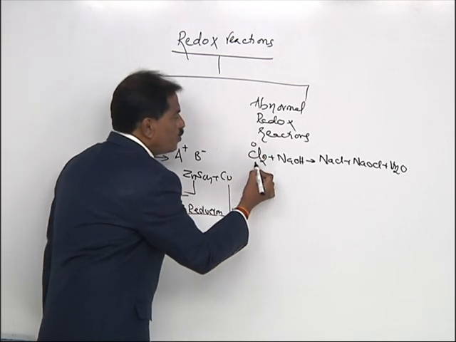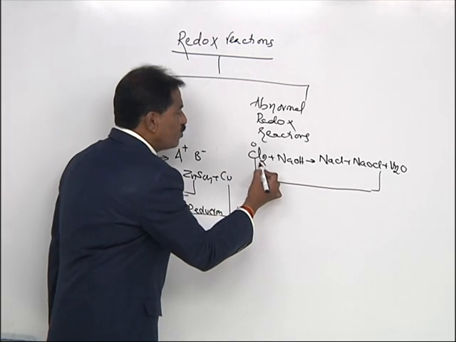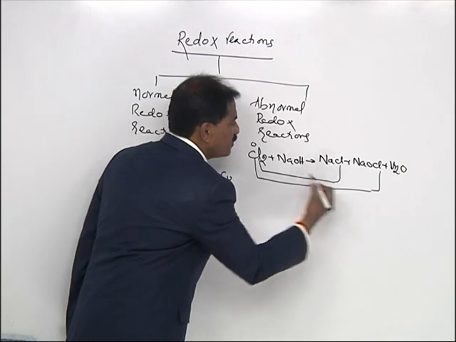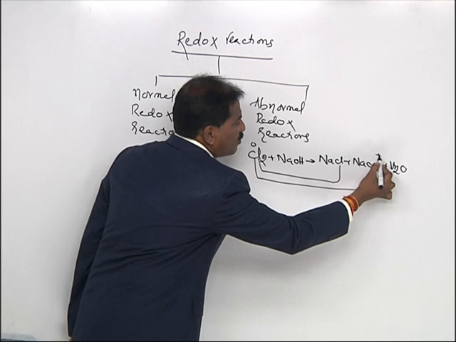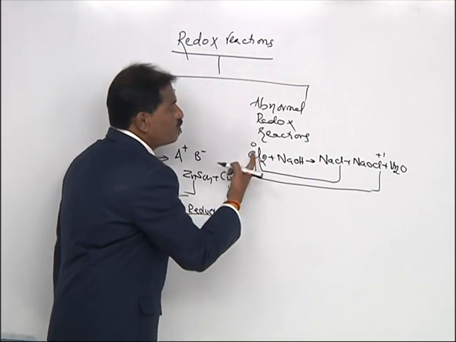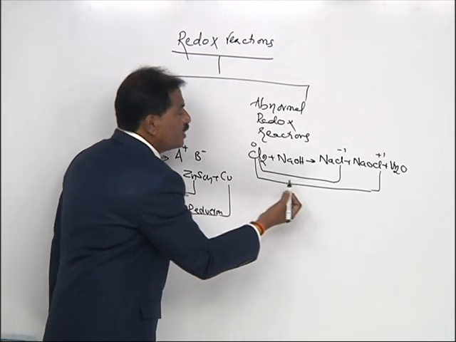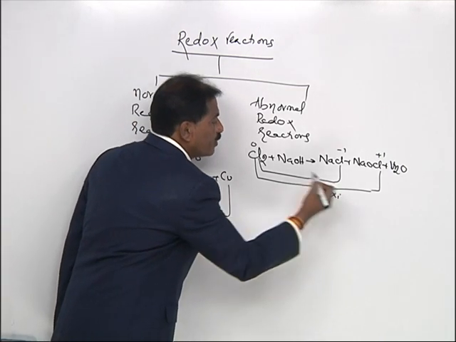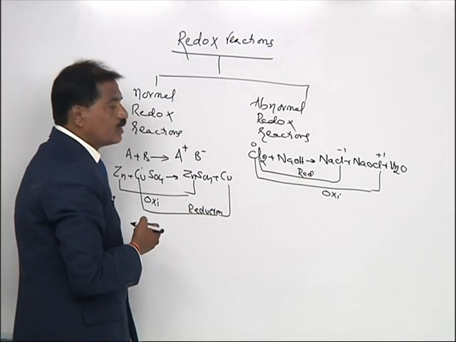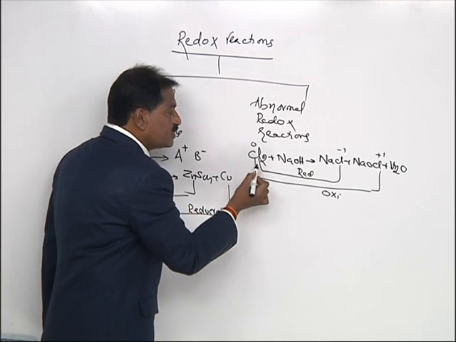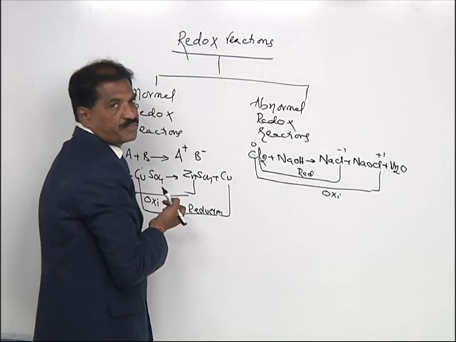One chlorine atom is getting converted into NaOCl, exhibiting the oxidation state +1. The other chlorine atom is getting converted into NaCl, exhibiting -1. That means one chlorine is undergoing oxidation, the other chlorine is undergoing reduction. In this reaction, atoms of the same element are undergoing oxidation and reduction.